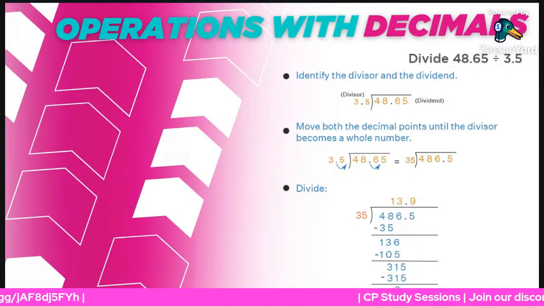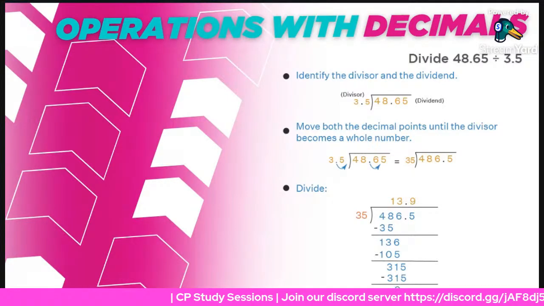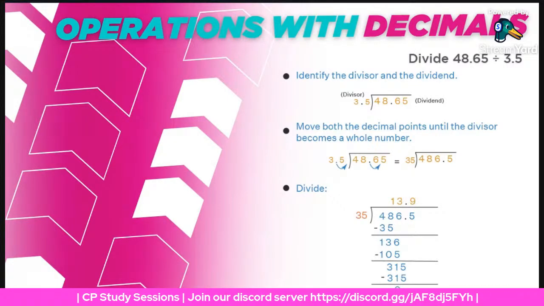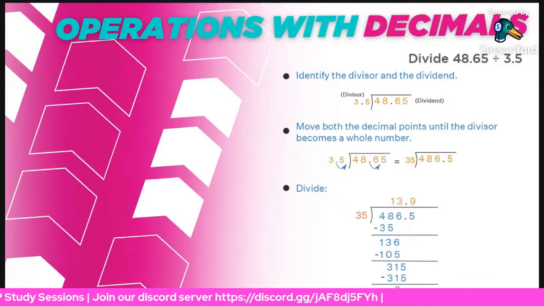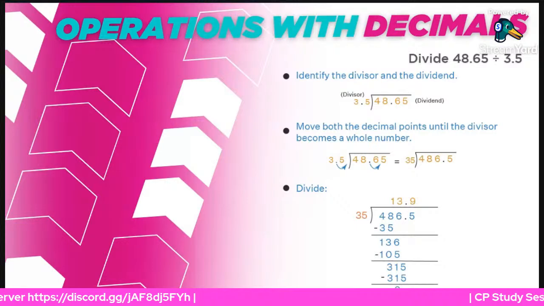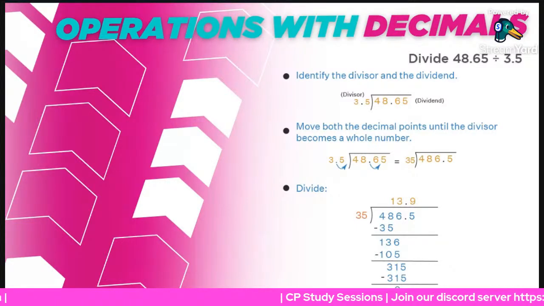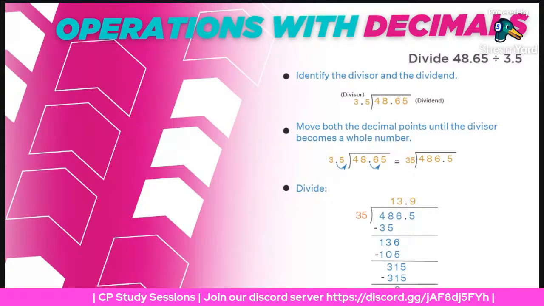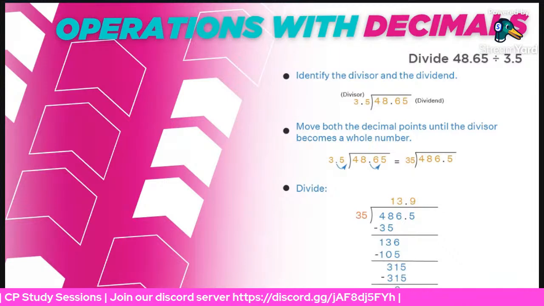And then we continue to divide. So 48 divided by 35 is 1. Kaya mayroong 1 sa taas. And then 1 times 35 is 35. 48 minus 35 is 13. And then i-bring down na natin yung 6. So ilang 35 ang nasa 136? So tatlo. Then 3 times 35 is equal to 105. So isusubtract ulit natin.